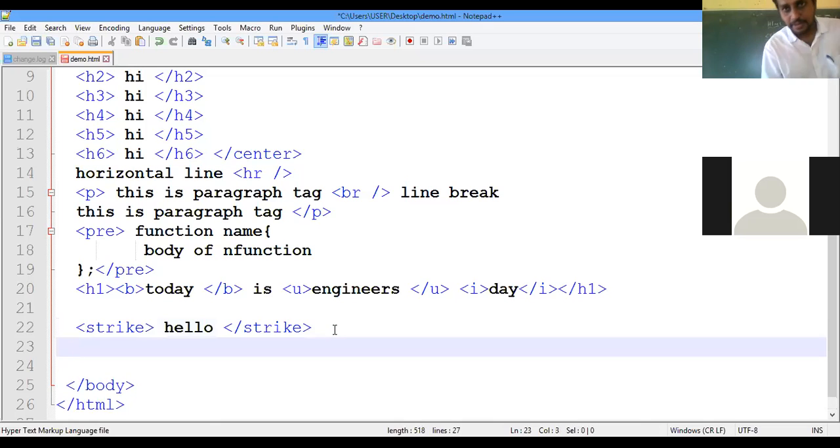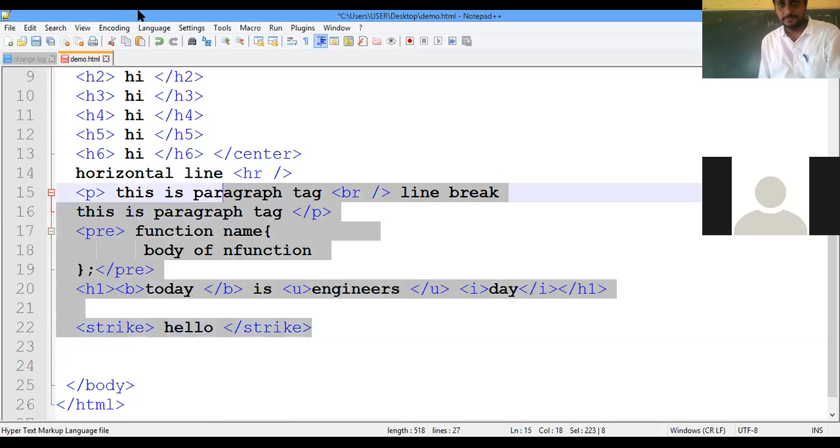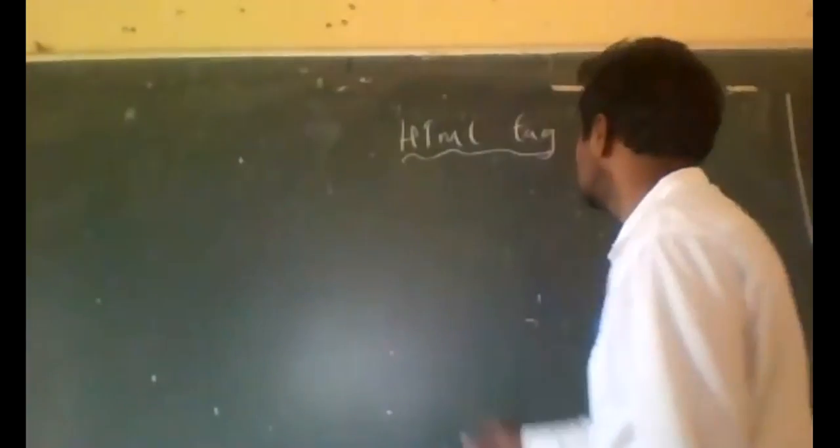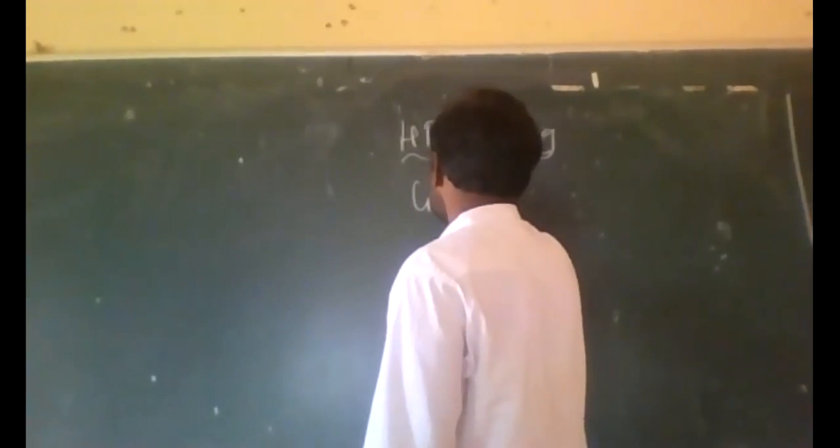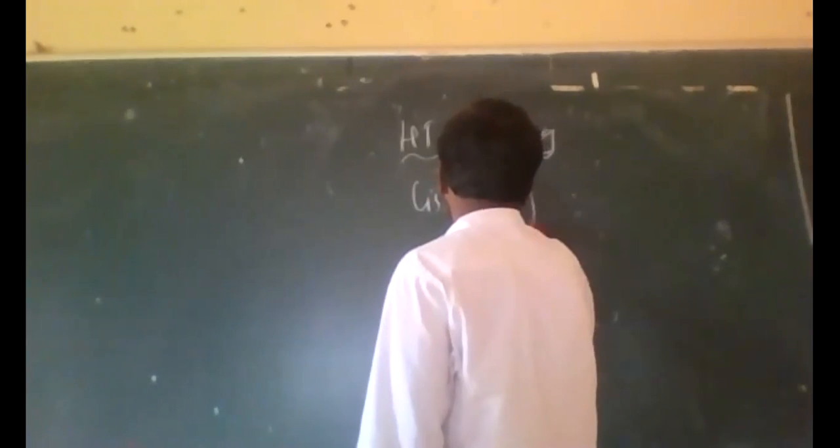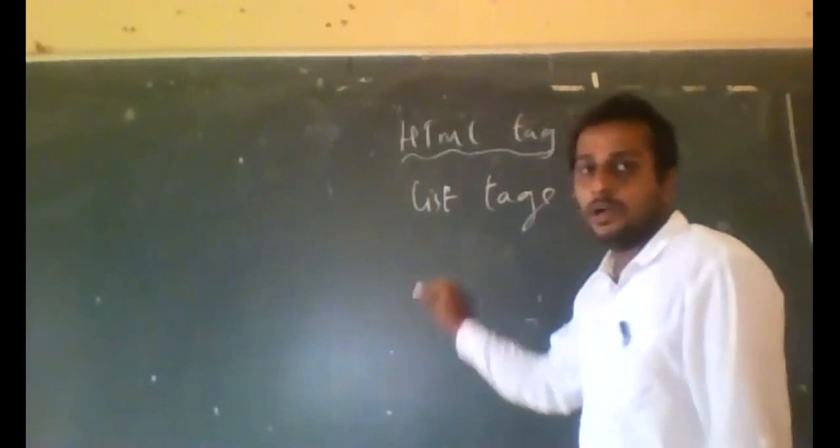Now we are using two more tags here. Before going to the anchor tag, I will start the list tag. So in the list tag, we are going to use two types of lists: ordered and unordered.